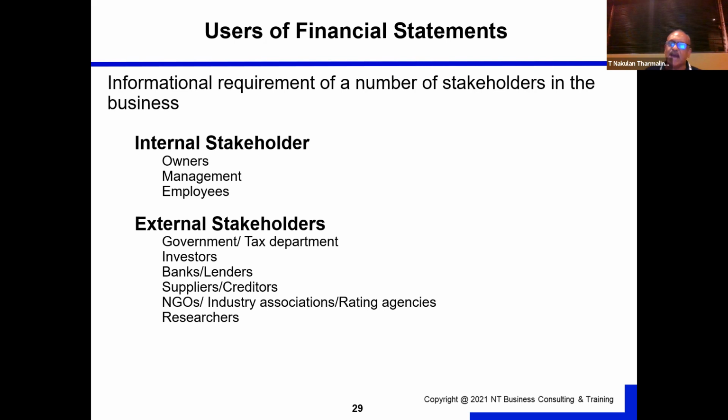External stakeholders: government, tax department, investors into your company or your partnership. Normally partners are investors, but in any other company, there'll be investors, shareholders. Banks are interested, the lenders, suppliers, NGOs, industry associations, rating agencies like RAM, researchers, and so on.